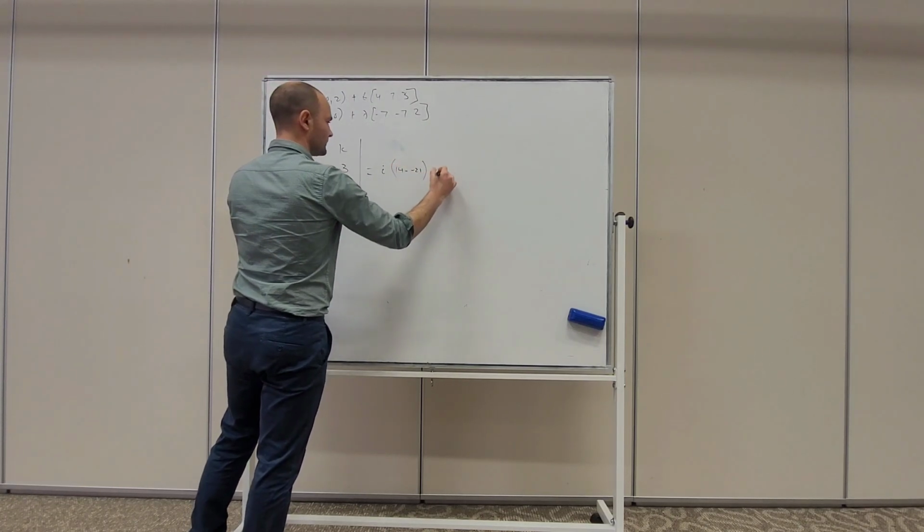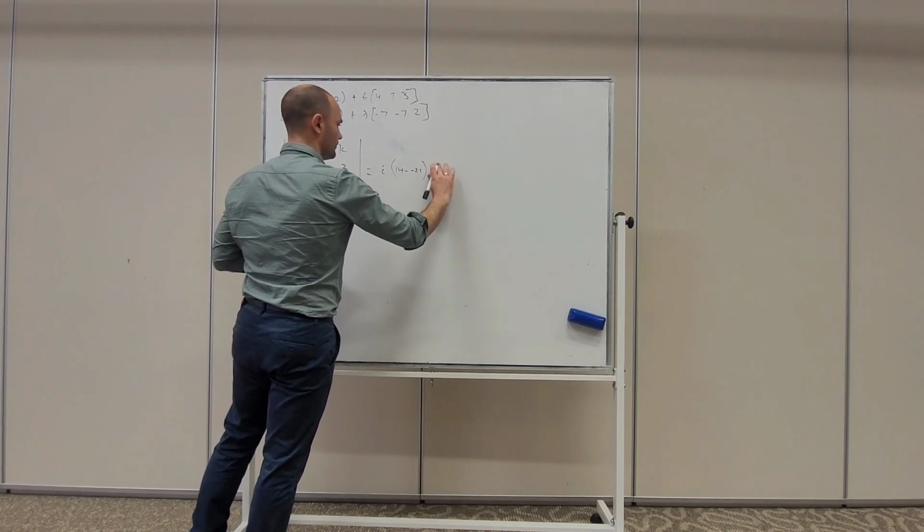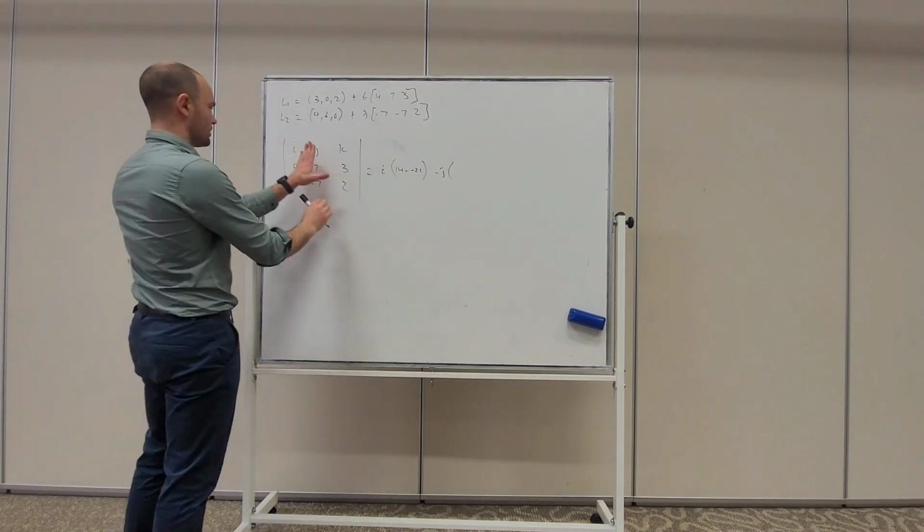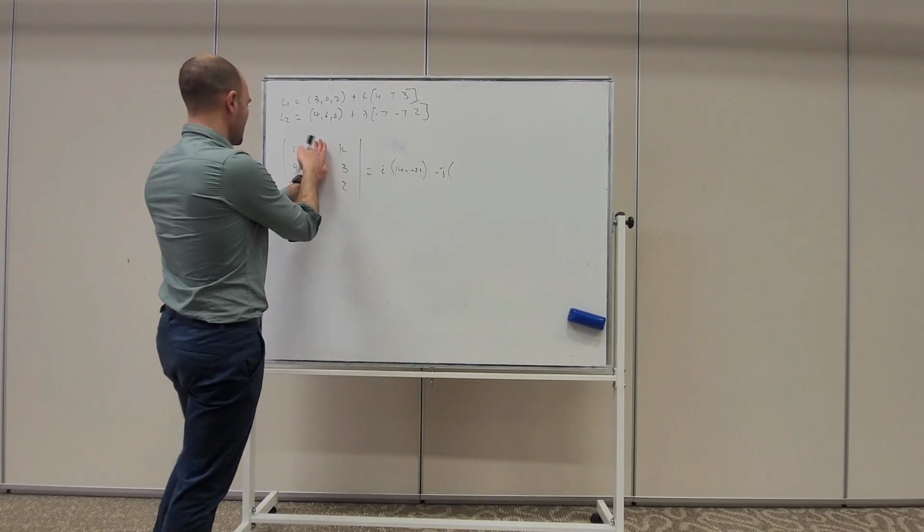And then we have minus j. And we cover up j and we go, yep, AD, 8, take minus 21.